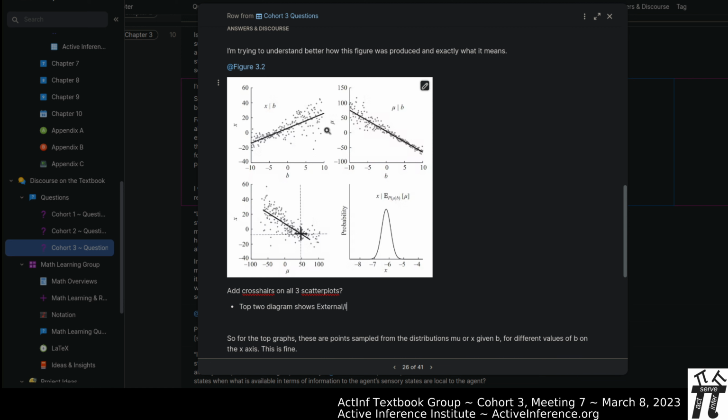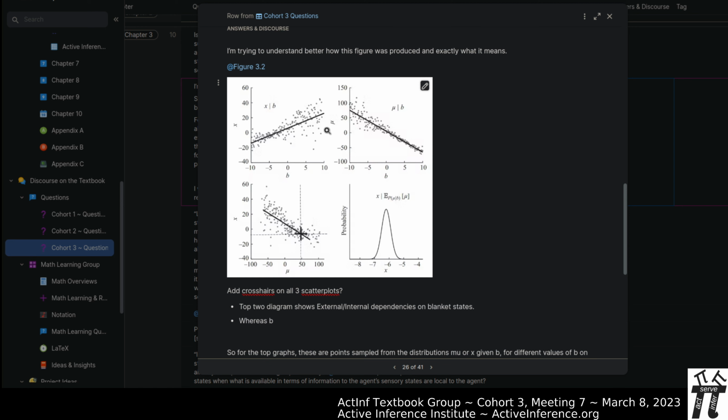The blanket state is generated from averaging over a generating function that generates those blanket states. But in the bottom left diagram, we deal with some specific states.